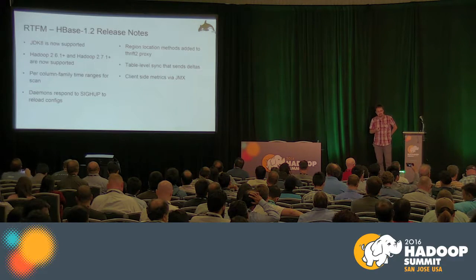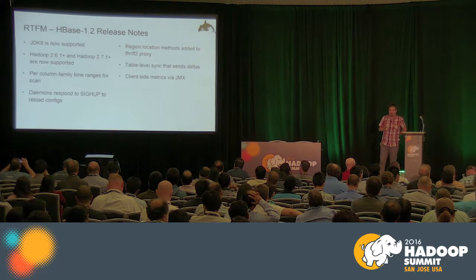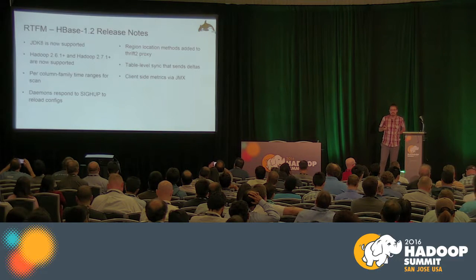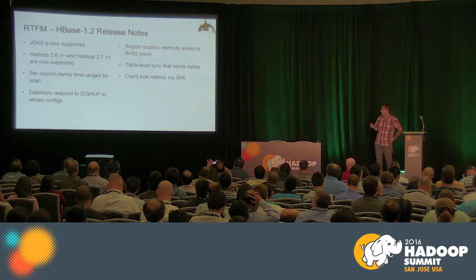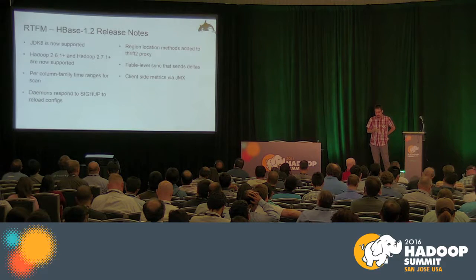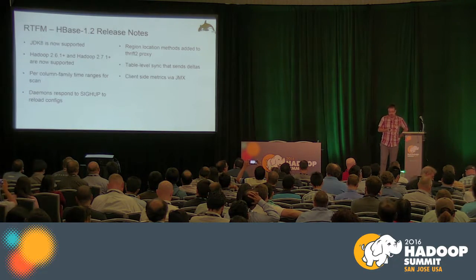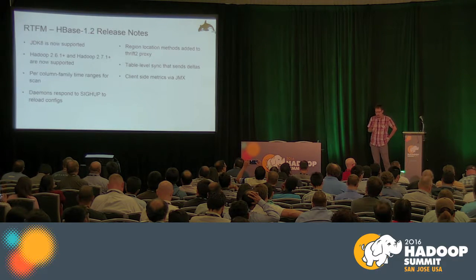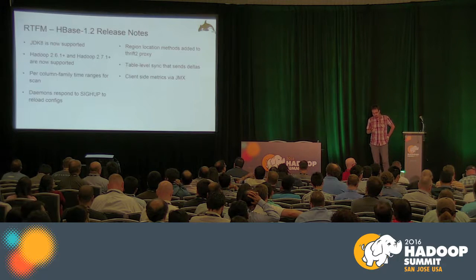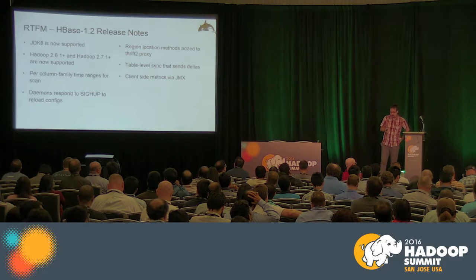In 1.2, we started certifying JDK 8. Previous releases also can run with JDK 8, but it wasn't tested to the extent that 1.2 is tested. Also, Hadoop 2.6.1 and 2.7.1 are now supported. Per column family time ranges for scan is a new scan improvement.